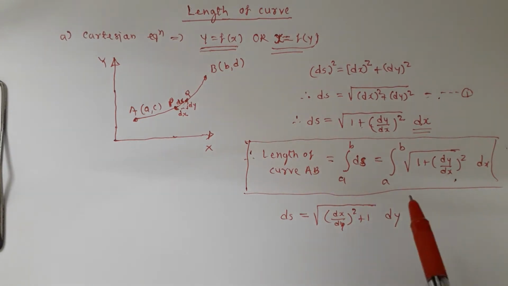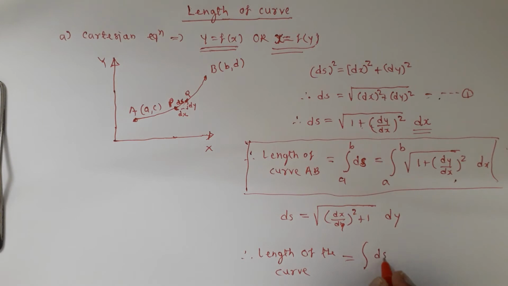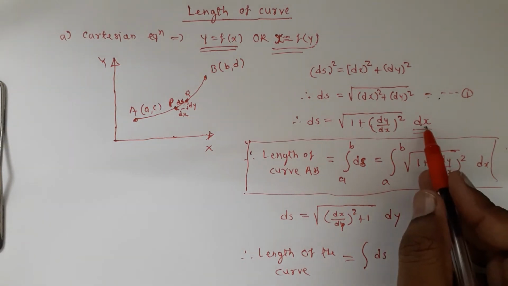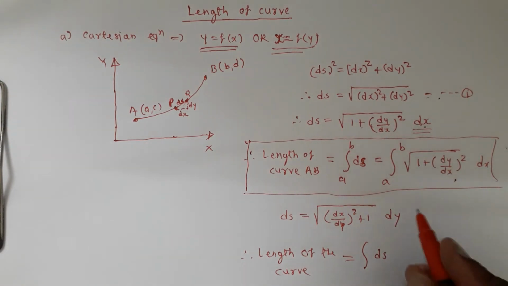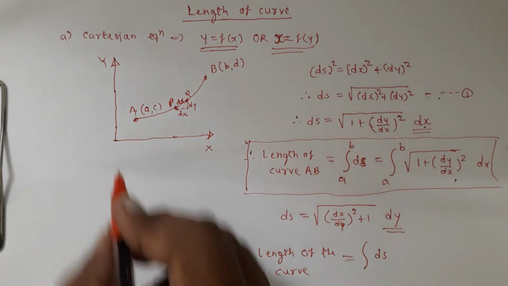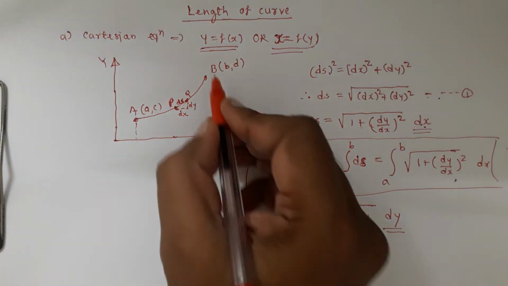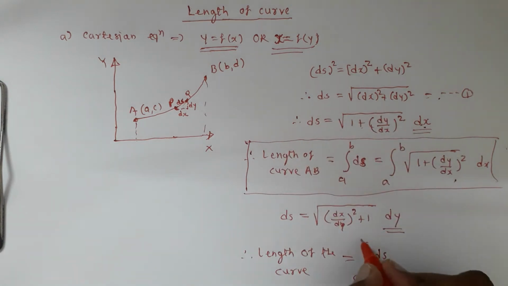So I have brought dy outside the square root, and therefore length of the curve is equal to integration of ds. But now see the difference. Here I was integrating with respect to x, here I want to integrate it with respect to y, and that is why I will have to put the limits for y. For a, the limit will be c, and for b, it will be d.